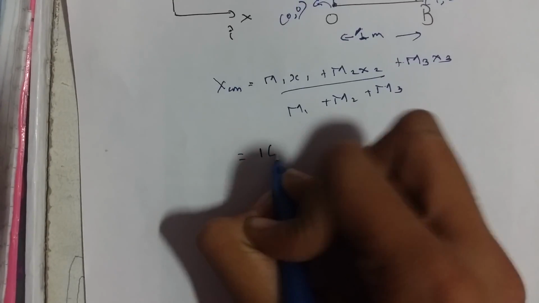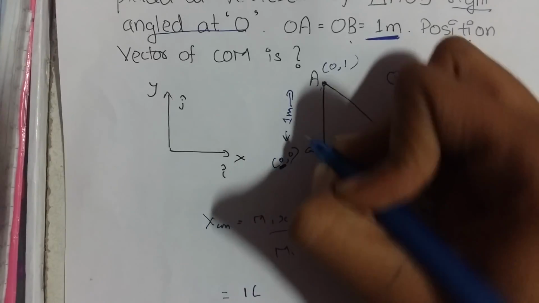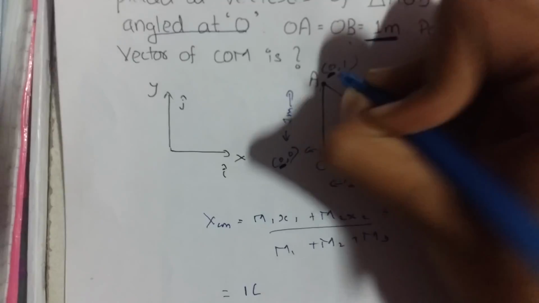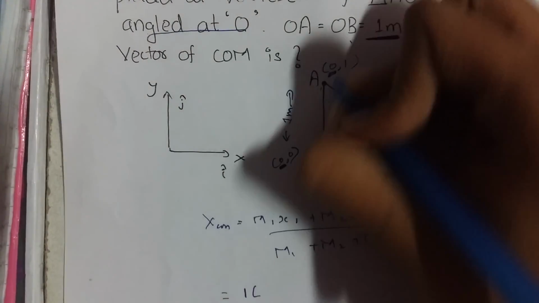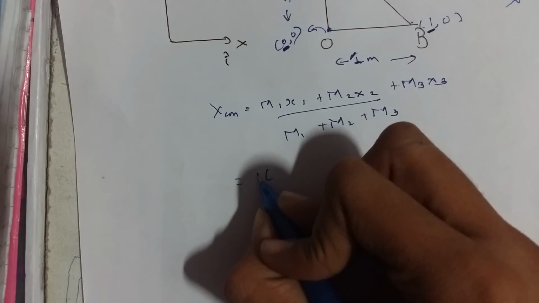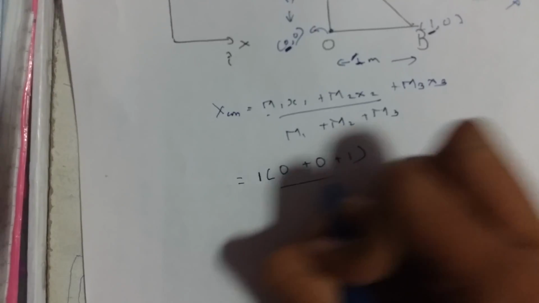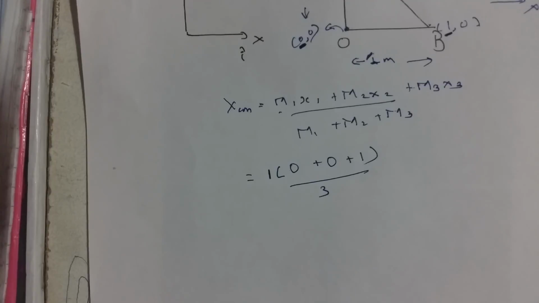That is 1 into the first x coordinate, which is 0, and the x coordinates are 0, 0, 1. So take the common mass out: 0 plus 0 plus 1 upon the mass 3. It's going to be like this.